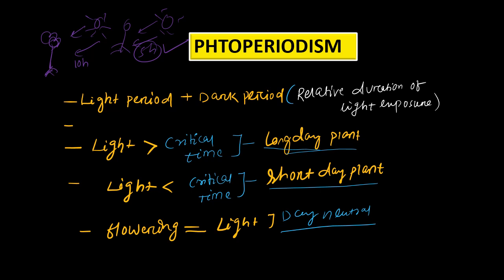I will discuss why that happens, and why flowering is needed for new generation. If flowering happens, a new generation of plants occurs, so it is mandatory for new generation.